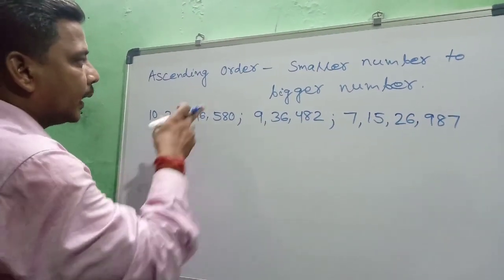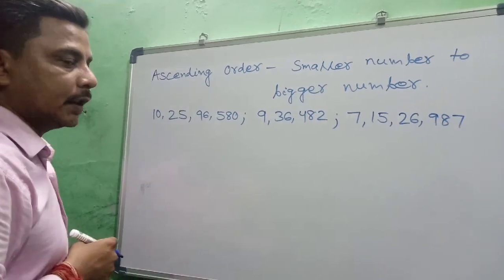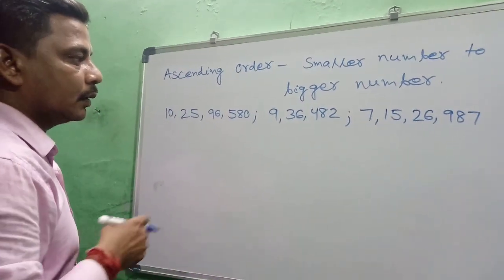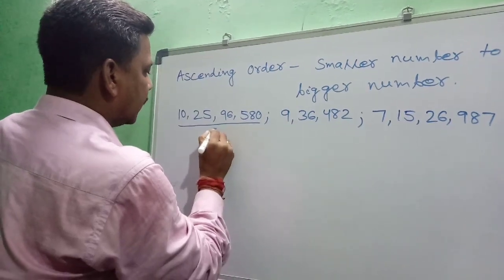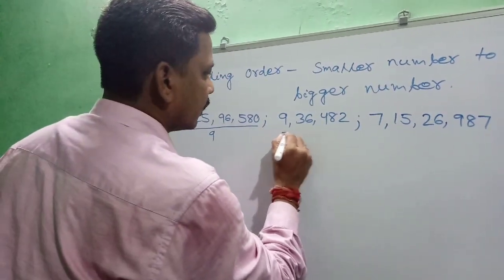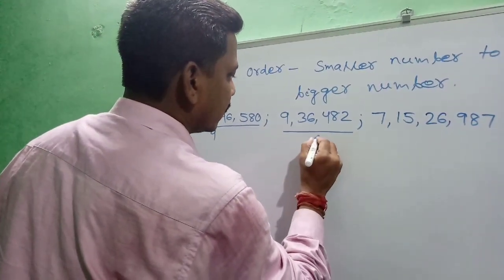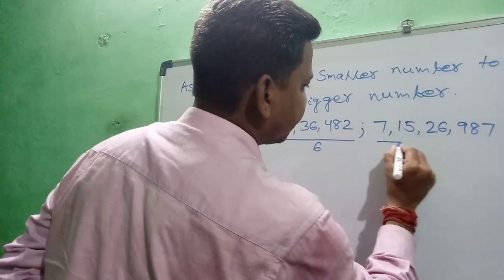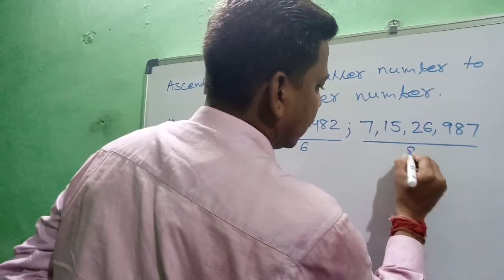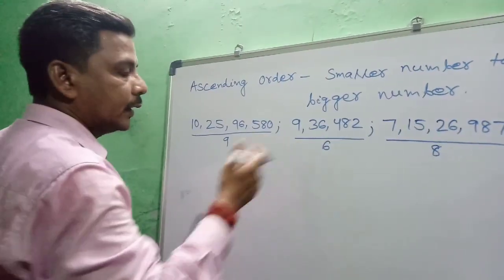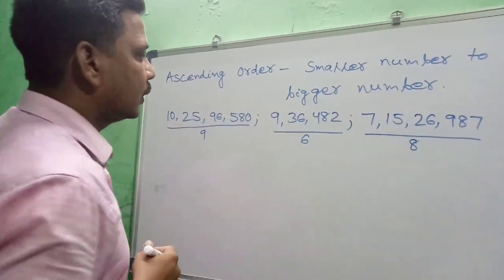And we have to ascend them. Means this one is the 9-digit number, 6-digit number, and 8-digit number. So the 6-digit number will be smaller.